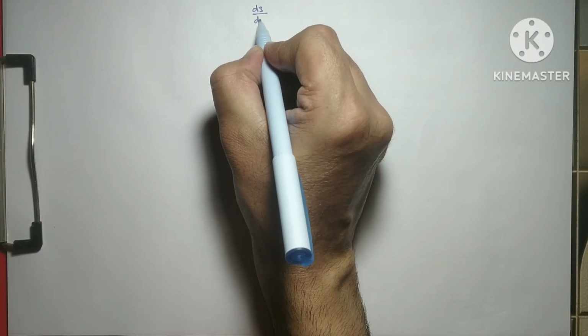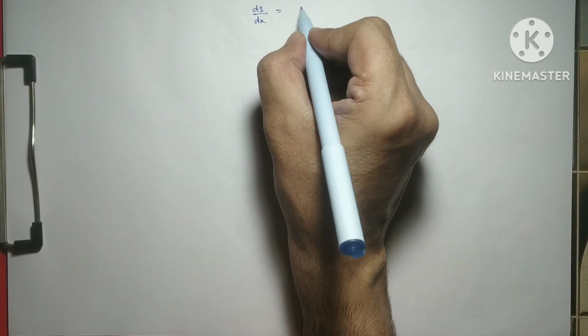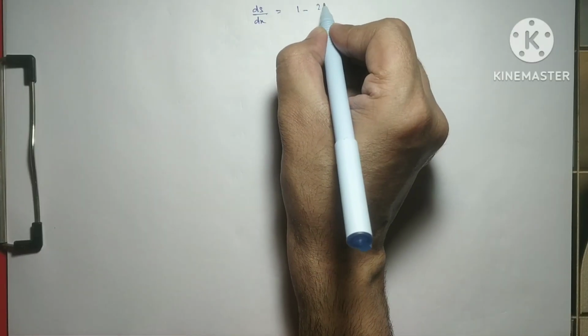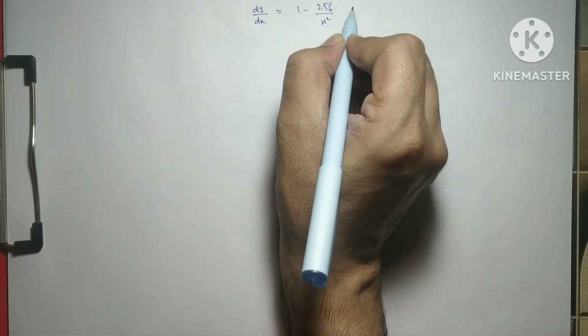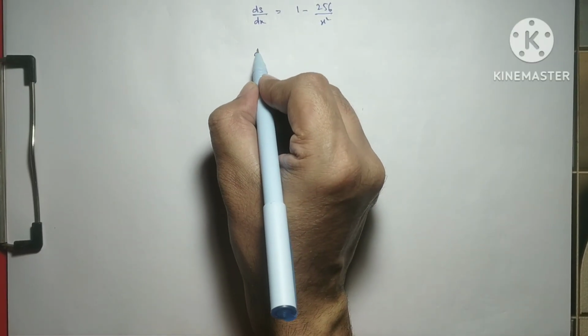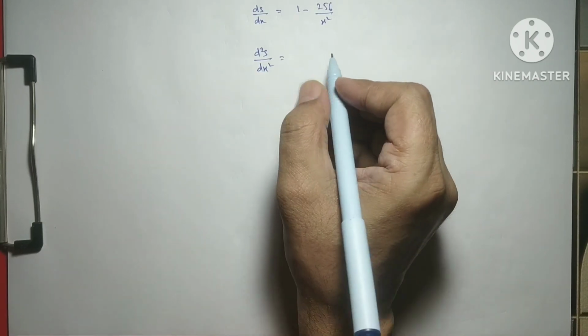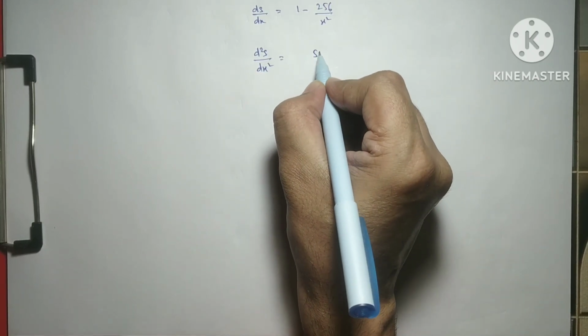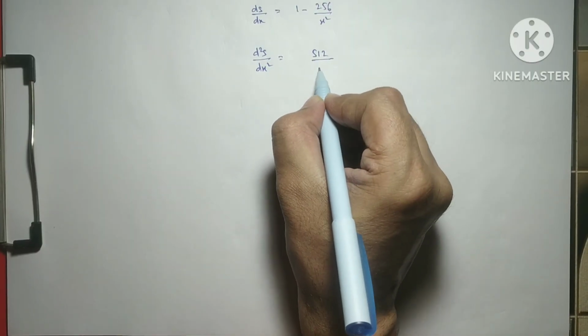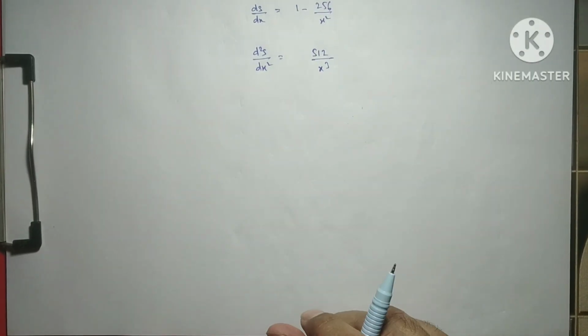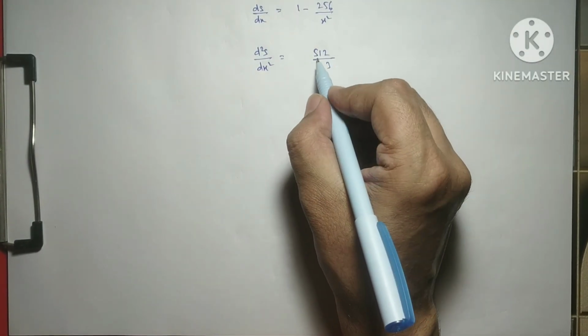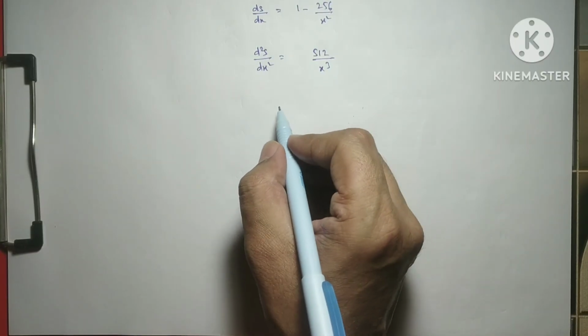We have ds over dx is 1 minus 256 over x square. So the second derivative will be 512 over x cube.